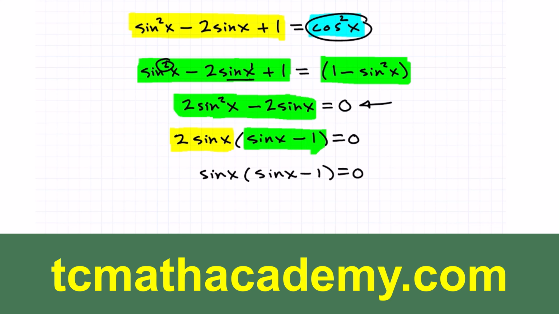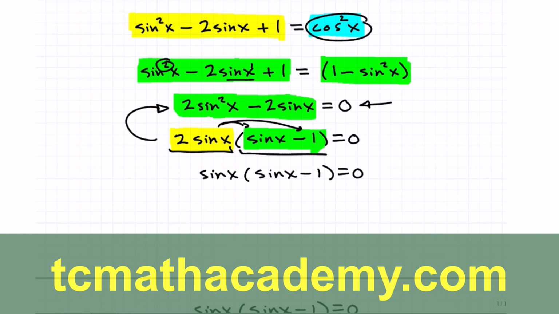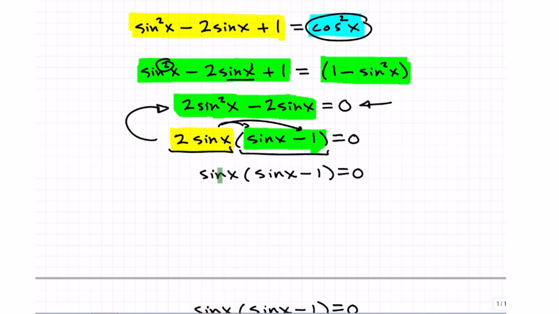You can always check that by distributing back in, and you would end up getting what's there. But the beauty of doing this is I can now use the zero product property. In other words, this times this is equal to 0. So I'm going to set both of these factors equal to 0 and solve. Let's go ahead and do that now.